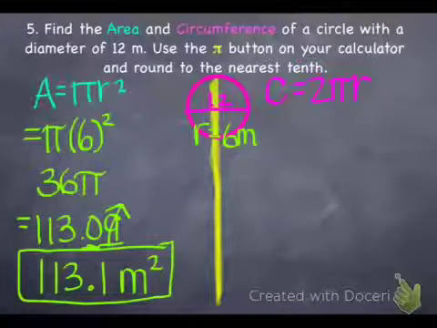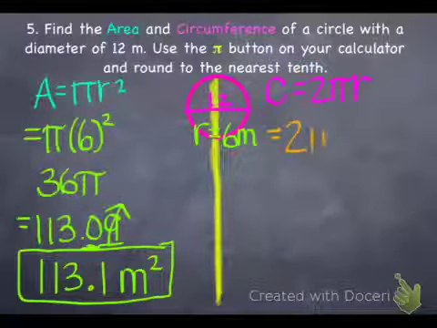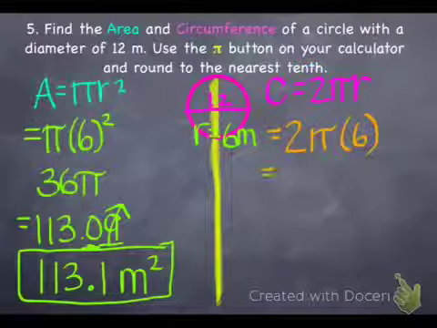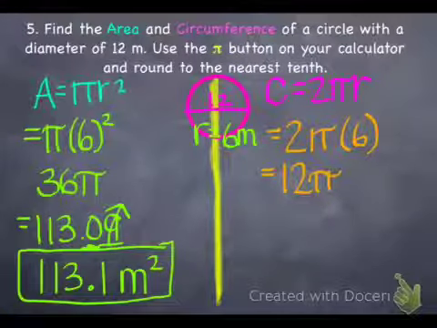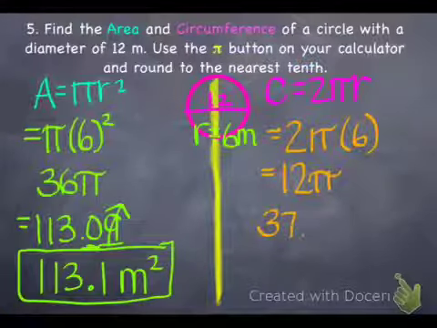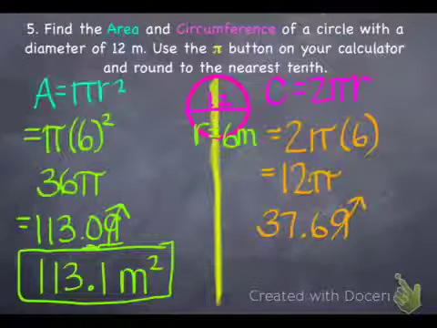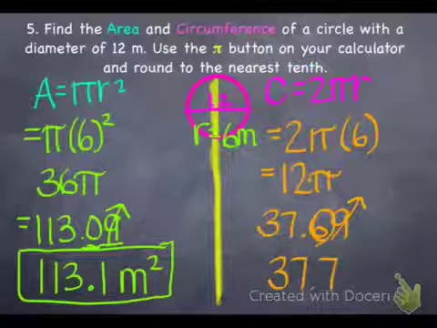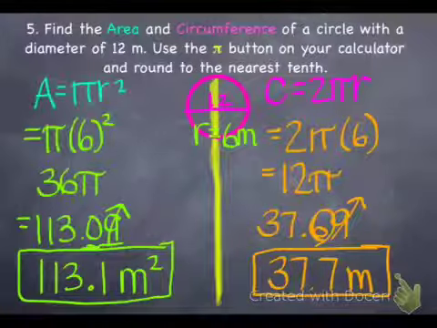And now for circumference, we're going to do 2 pi times radius, which is 6. 6 times 2 equals 12 times pi, so you'll punch that into your calculator, and you get 37.69 and so on. Notice that this is going to round up, so 6 becomes 7, 37.7 meters, and this is just to the first power.